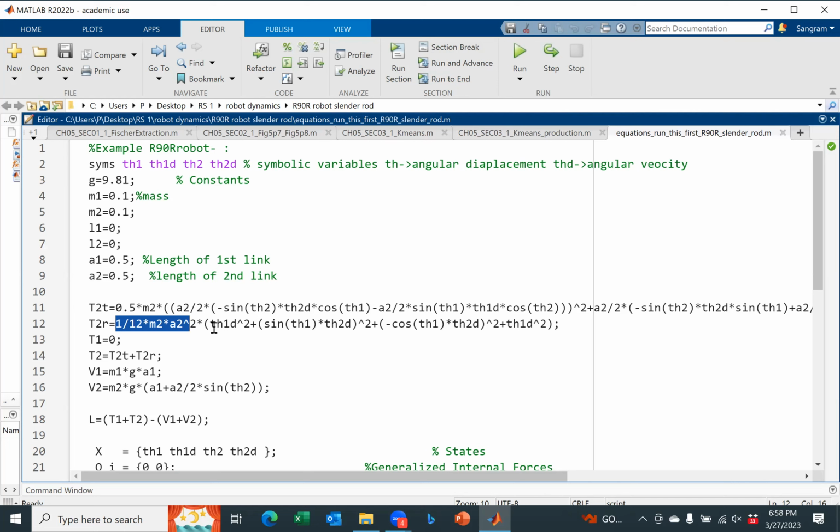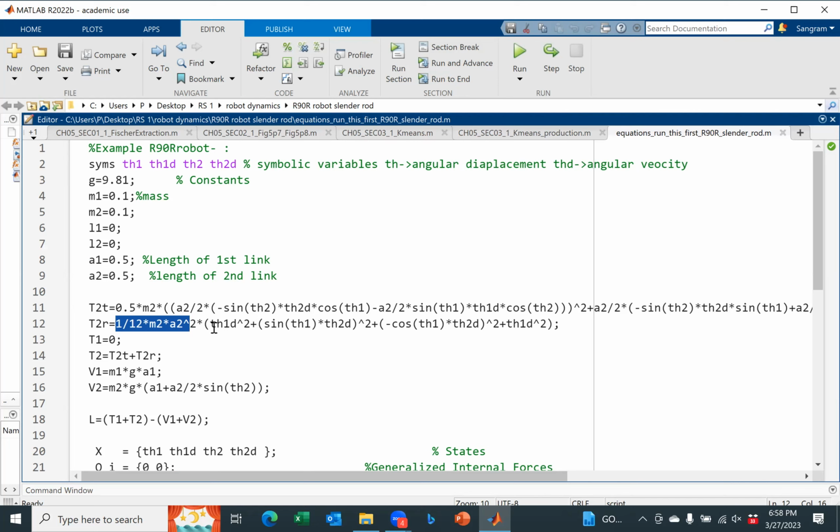Now, please understand, again, what I need to do is, I need to transfer this x, z, and y. Now, understand, this is a slender rod.